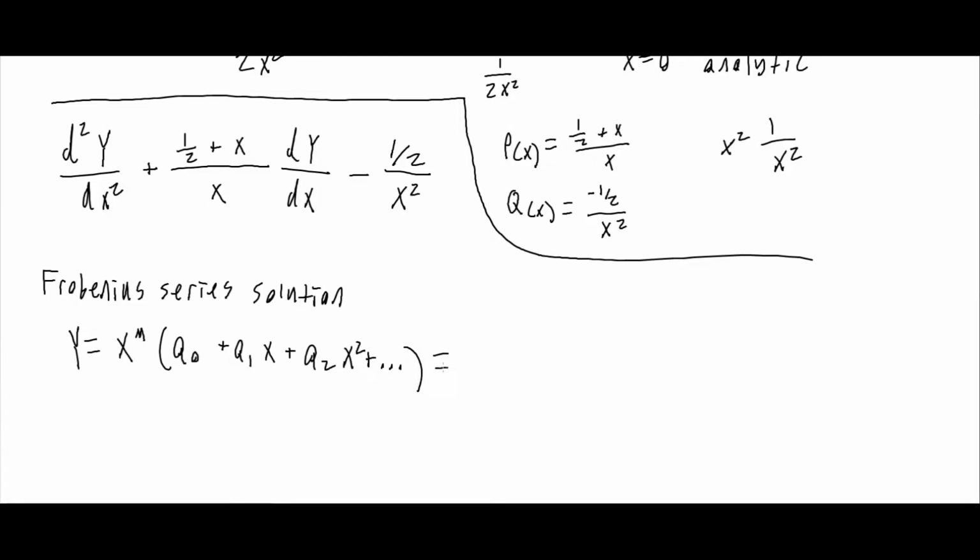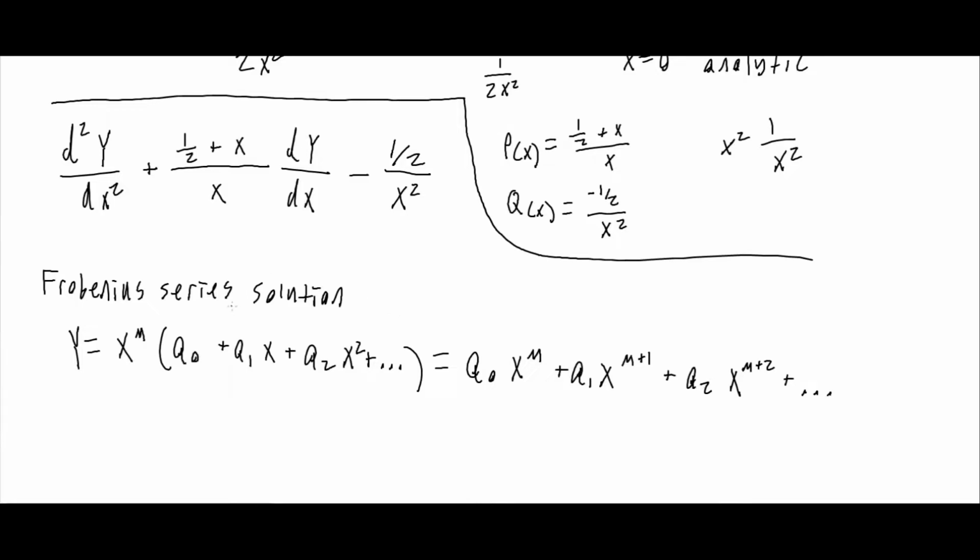And so this will end up being a naught x to the m plus a sub 1 x to the m plus 1 plus a sub 2 x to the m plus 2 and so on going to infinity.